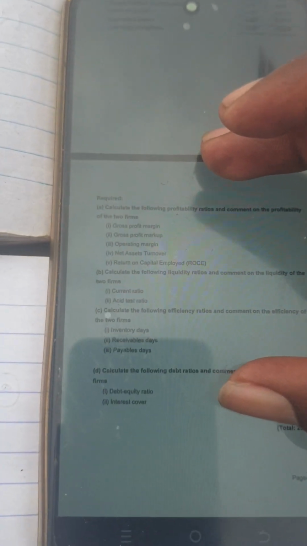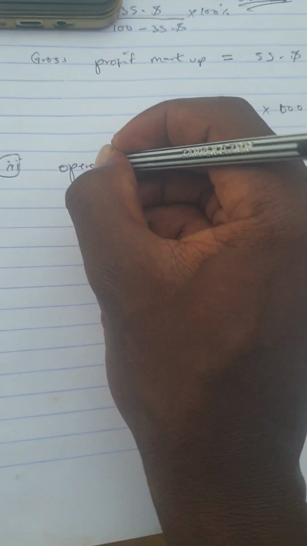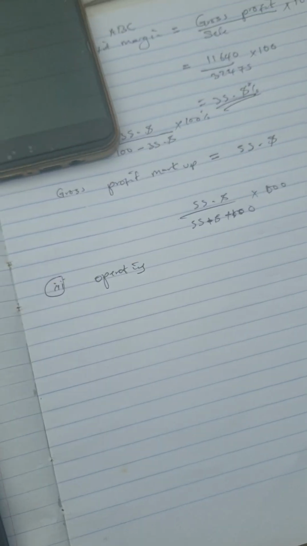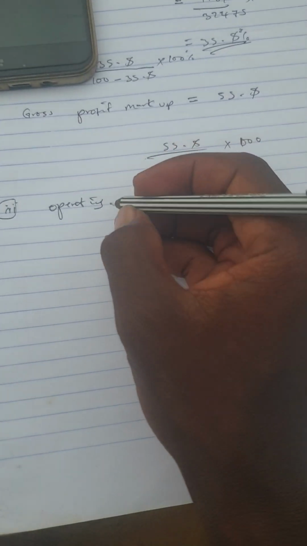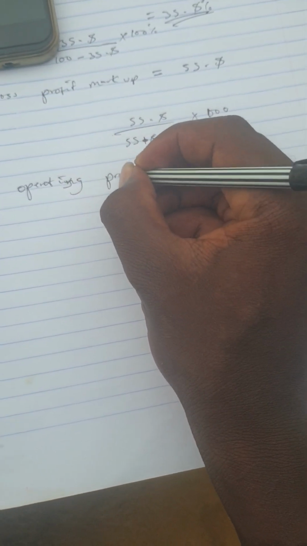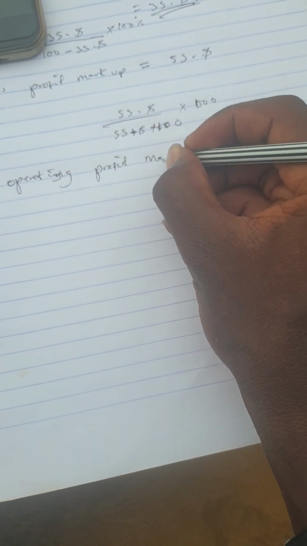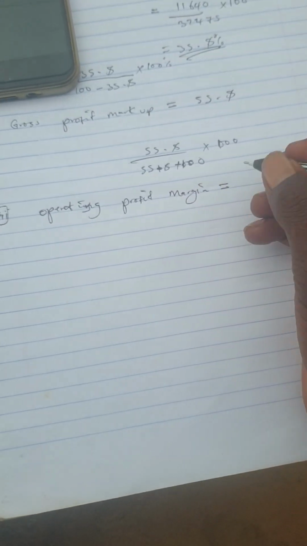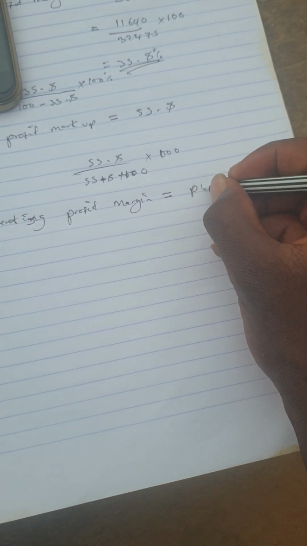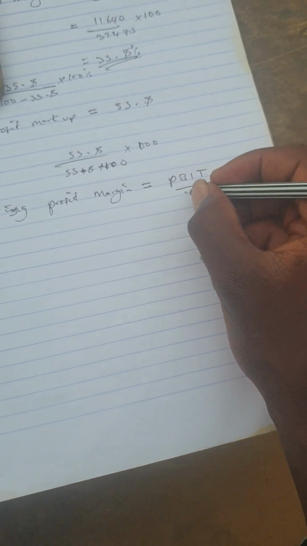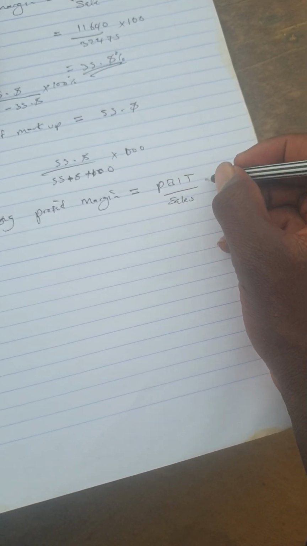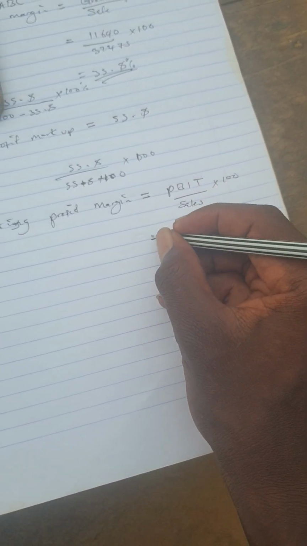we're asked to calculate operating margin. So for the operating margin, which is number 3, operating profit margin, this is our profit before interest and tax divided by sales or revenue times 100%. Our profit before interest and tax is a direct figure in the question.